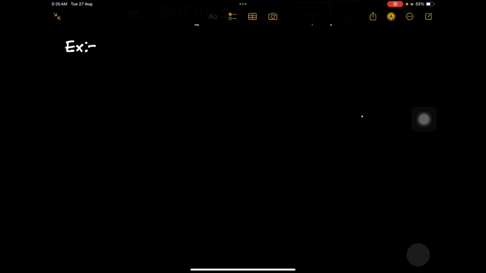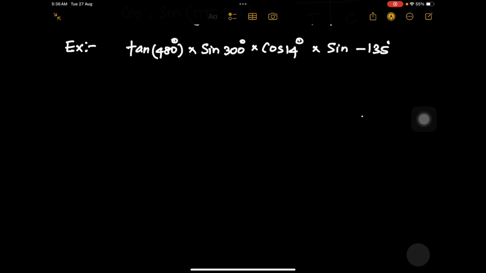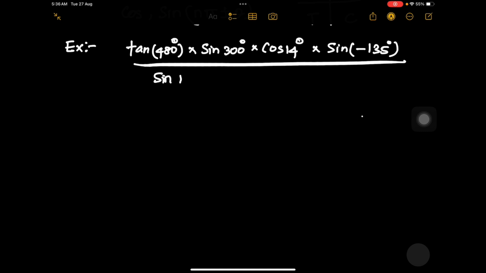So let's find an example. It's going to be tan 480 degree into sine 300 degree into cosine 14 degree into sine minus 135 degree over sine 104 degree times cos 225 degree is equal to 3 by 2.